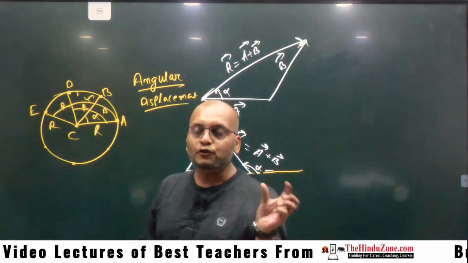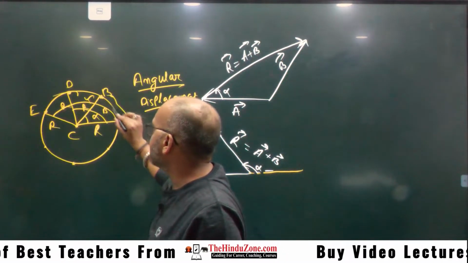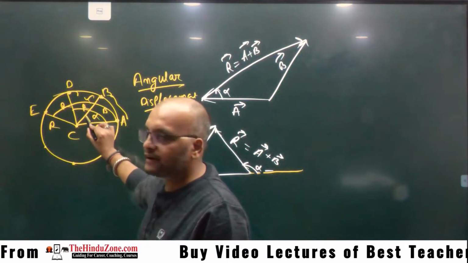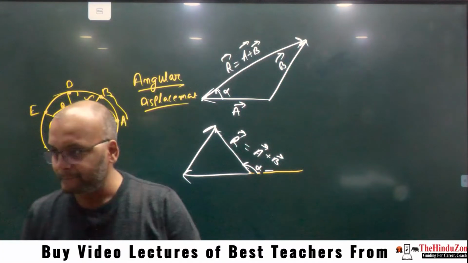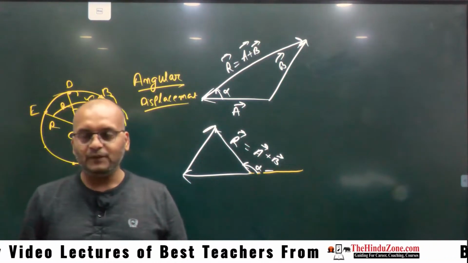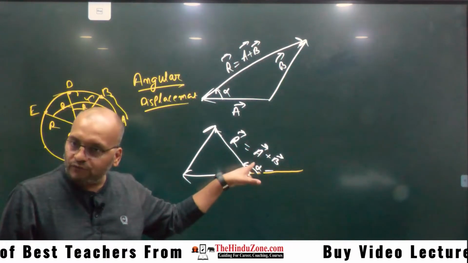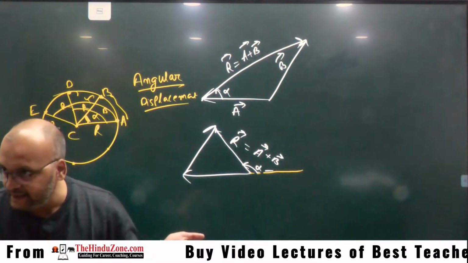Angles are used to represent the displacement. If you are at B, instead of measuring this curved length AB, what I can do is I can measure the alpha. So I will know your displacement. As simple as that. Yes or no? Okay. So here also, if I know the value of alpha, so I will know the direction of the resultant.